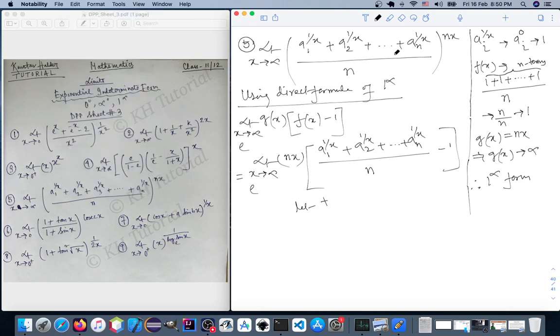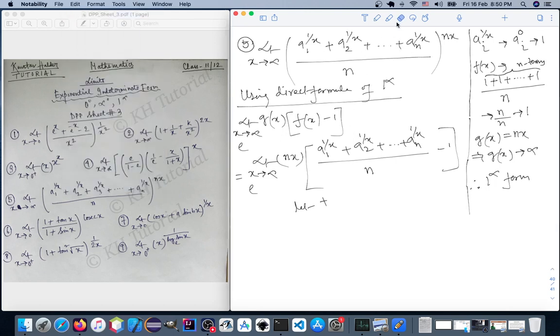Let's put t equals to 1 by x. This implies t tends to 0 as x tends to infinity.